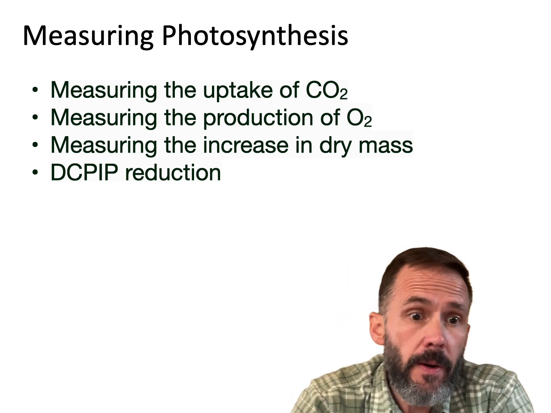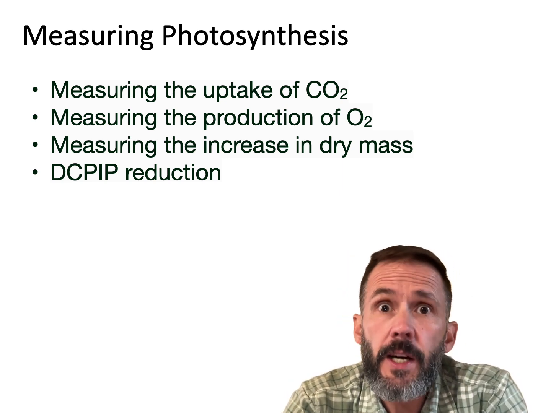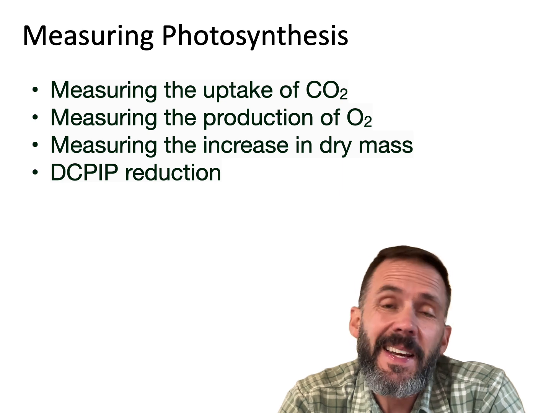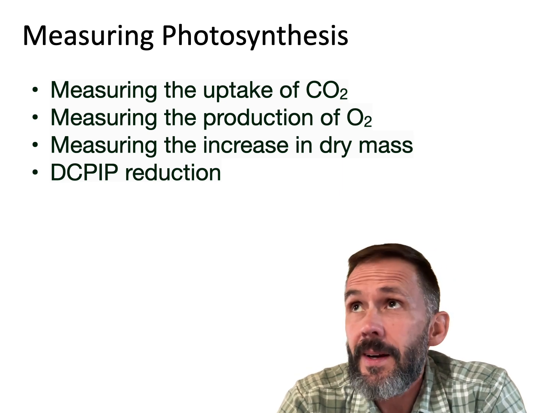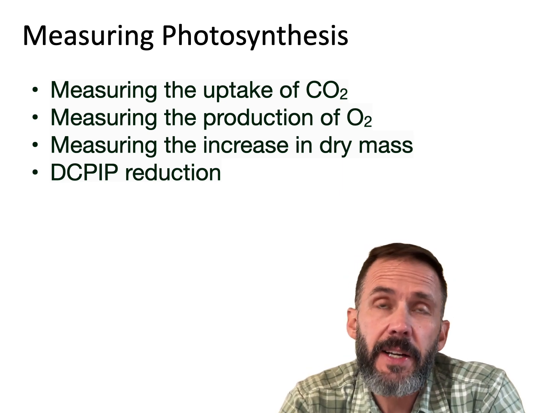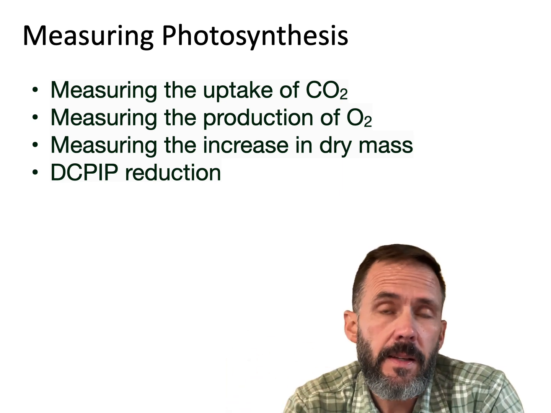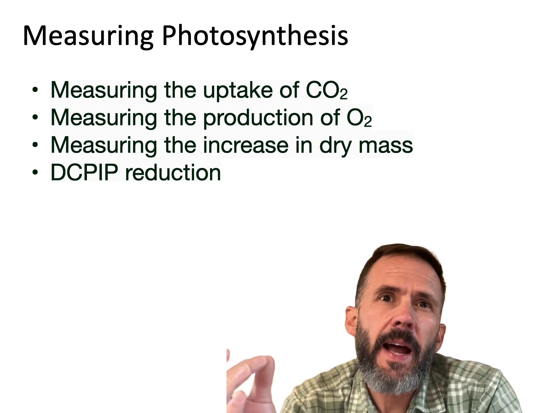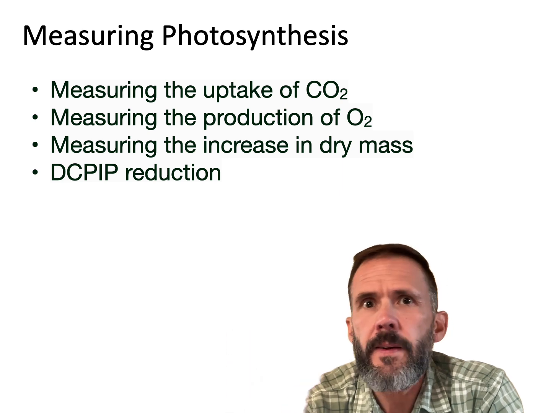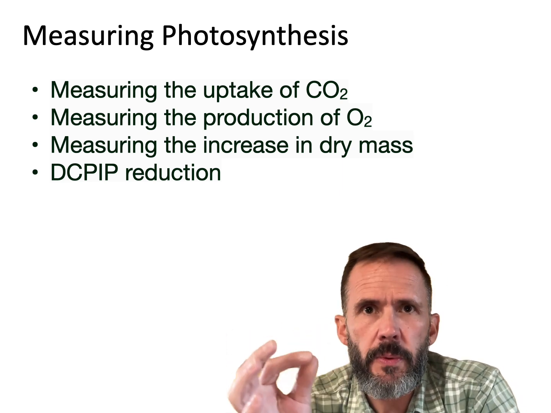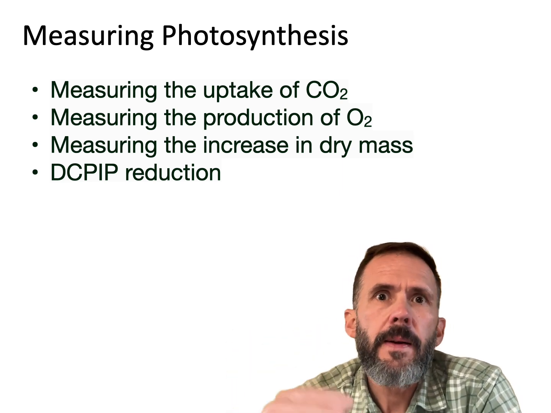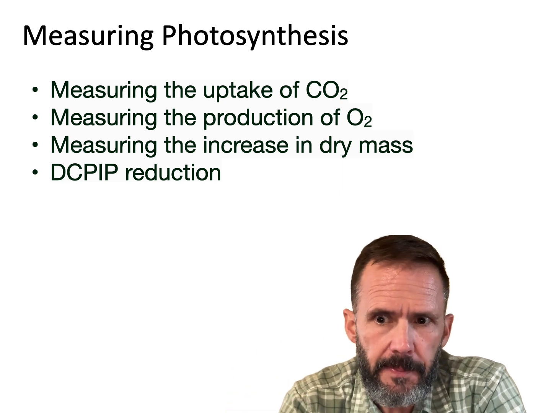And then also DCPIP reduction is a technique that can be used to see how many electrons are being freed up through photosynthesis, because that'll affect colorimetrically this reagent, so you can see visually or with a spectrophotometer how much photosynthesis is going on.